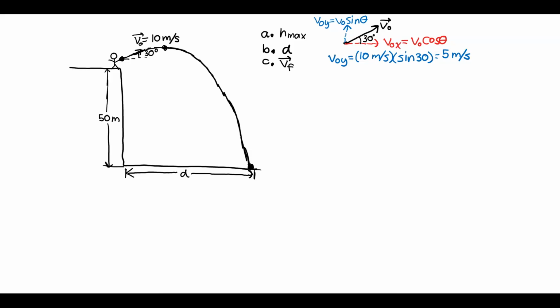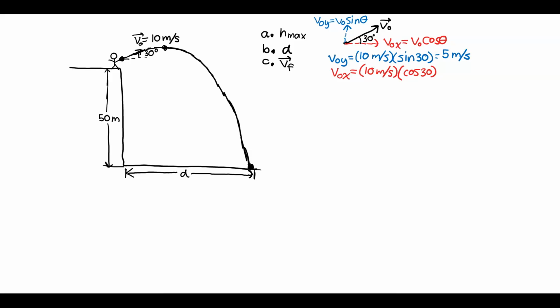Now what about the initial x component? Well, we're going to have to use a calculator. 10 meters per second times sine, oh, not sine, cosine. My apologies. Cosine of 30.